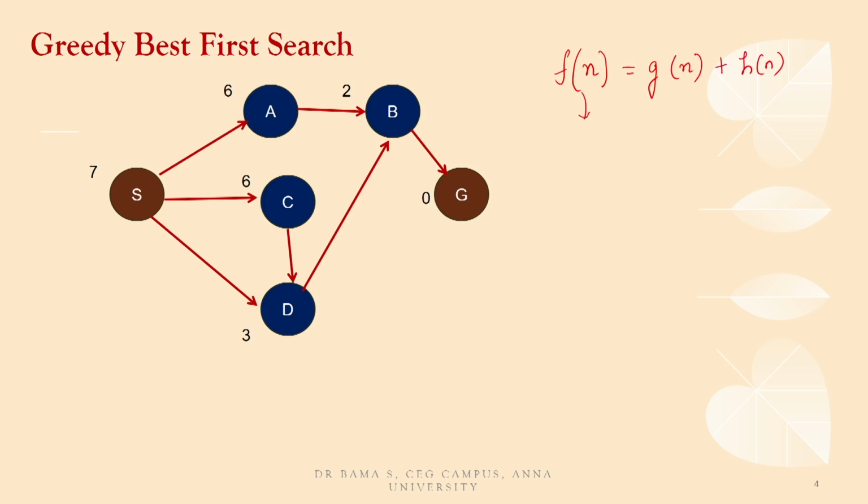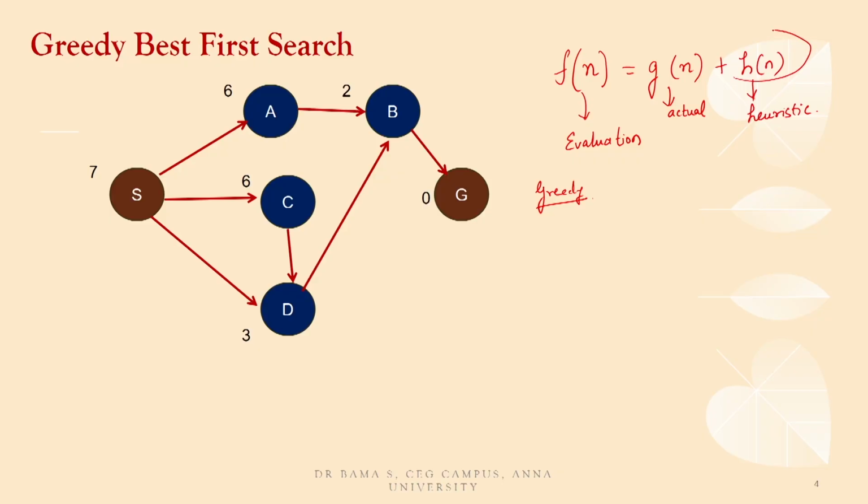Here f of n is the evaluation function, g of n is the actual value and h of n is the heuristic value. Now, for the greedy best first, we take only the h of n value, and we assume g of n value as 0. Therefore, the evaluation function is going to be only with respect to the h of n value.